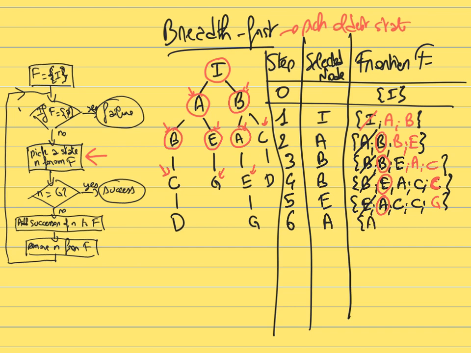So let's do that. So you have A, C, C, G. Now you add the new one, which is state E. So same thing. You just remove A because you just visited it.